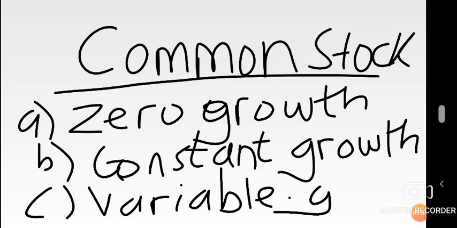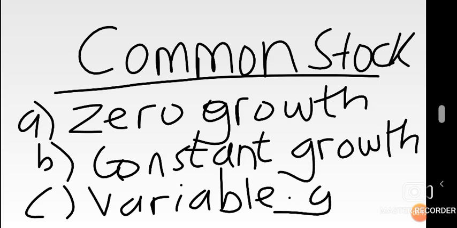We'll start analyzing them one by one. But what you need to know about common stocks is that you don't necessarily receive a fixed payout every time. No. It depends on what kind of common stock you have. That's why I'm saying it's split into 3.